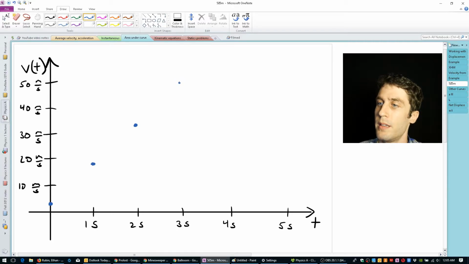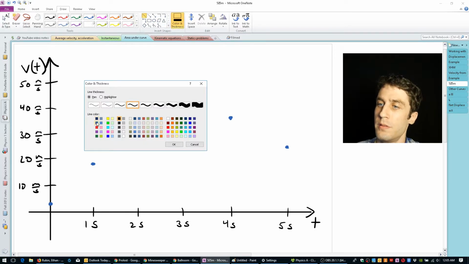It's a little bit difficult for me to graph this, but I think these are approximately correct, at least. And then it lost 10 meters per second with each second. So it was at 48 meters per second, and then decreased to 38 meters per second, and then decreased to 28 meters per second, right around at 5 seconds.